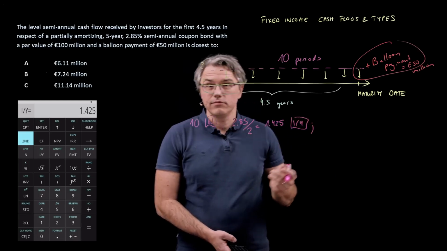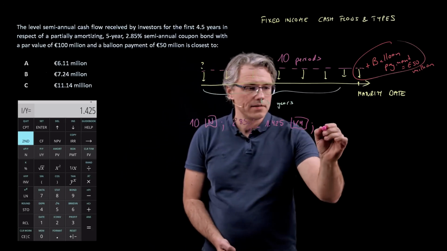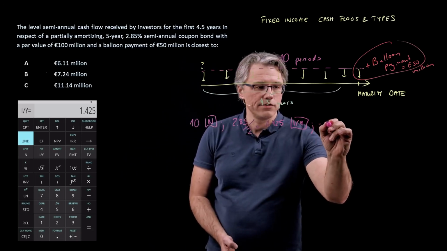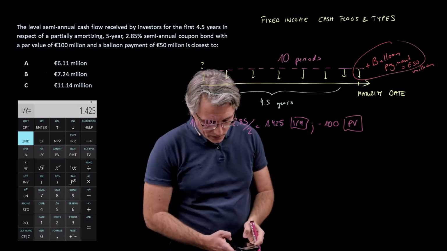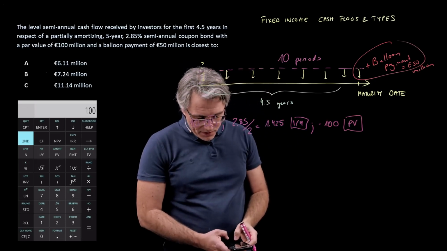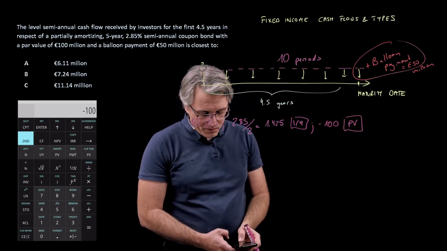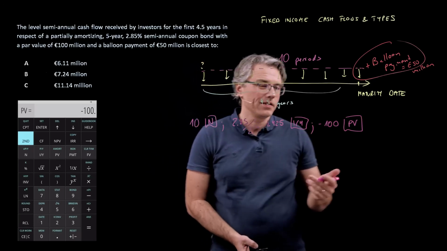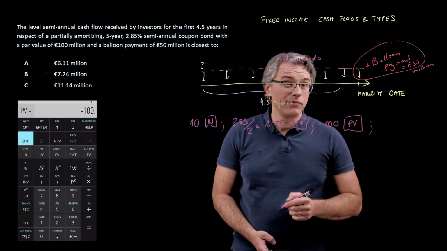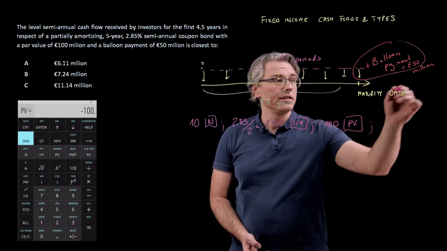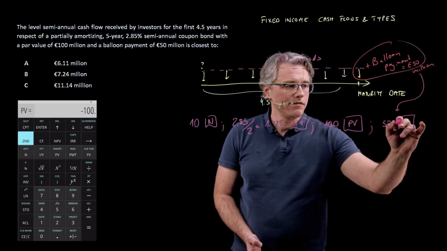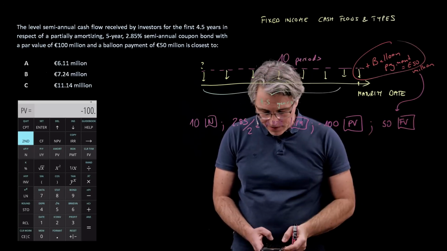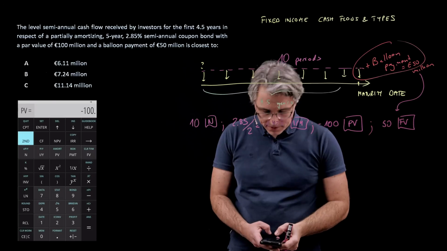Now, PV, just as before, I'm making this a negative 100 for PV. And when I make my PV input negative, that means I have to make the FV input positive 50. So this actually becomes my FV, the amount that still will have to be repaid at the maturity date.